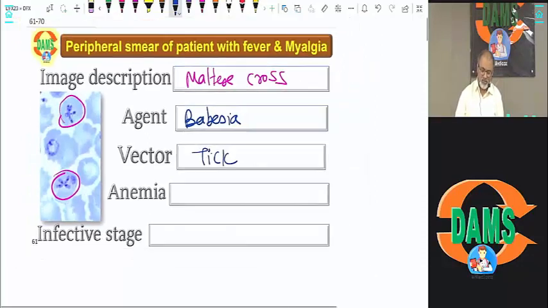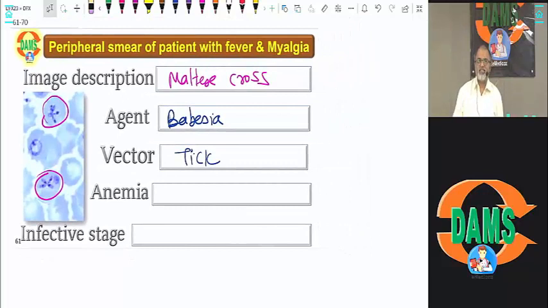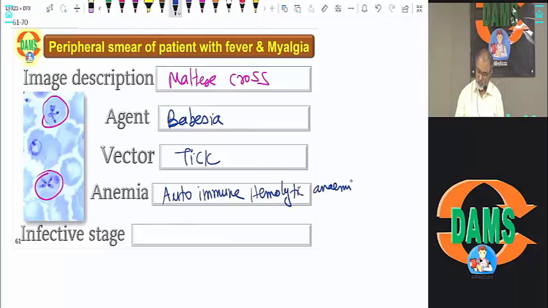What anemia does it cause? AIHA, autoimmune hemolytic anemia. Fantastic. What is the infective stage?